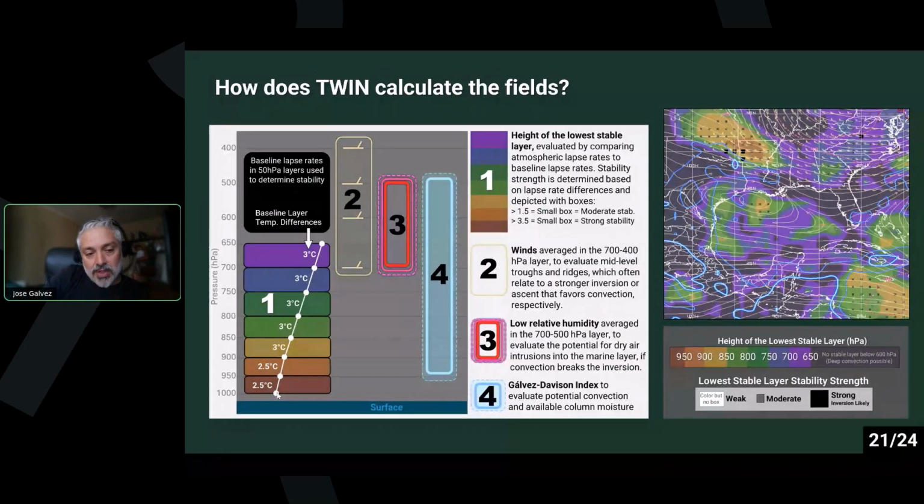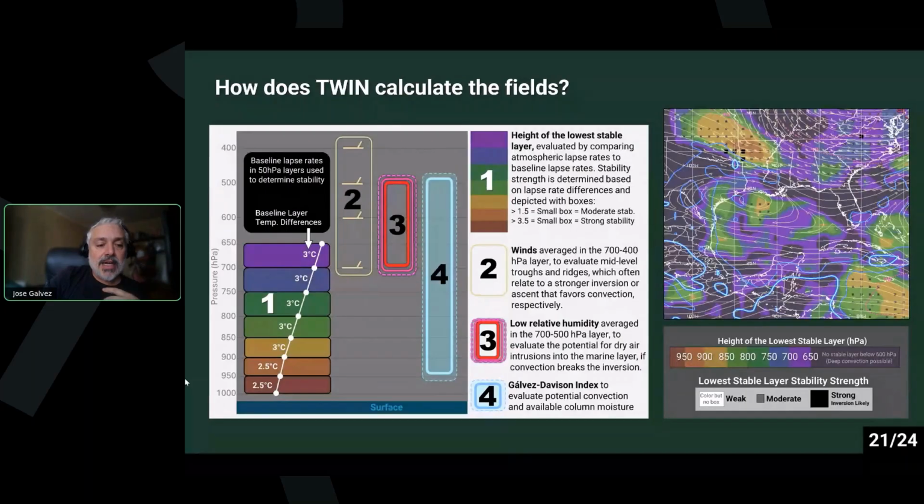And what I noticed is that this was a very decent threshold for the algorithm to capture where the stable layer was. It not only aligned with the described climatological lapse rates for those layers in the Caribbean, but also by looking at satellite imagery, this was a good approach.